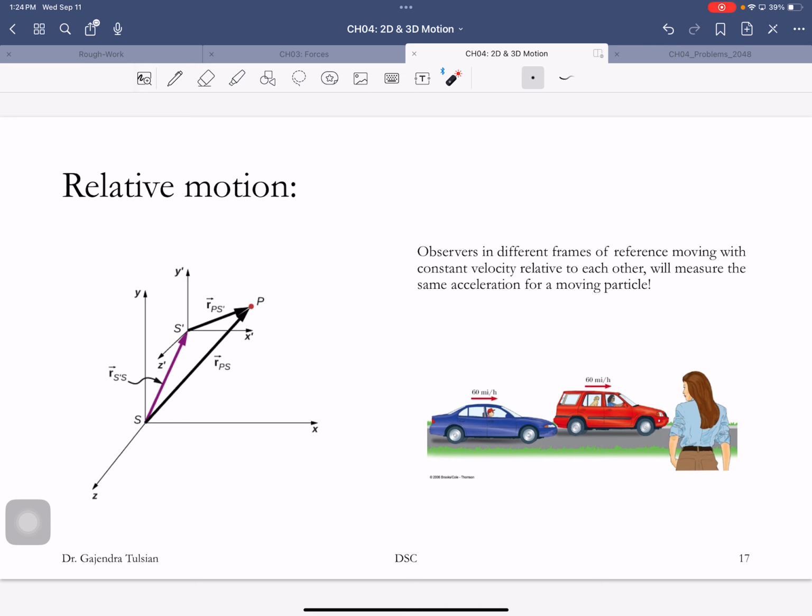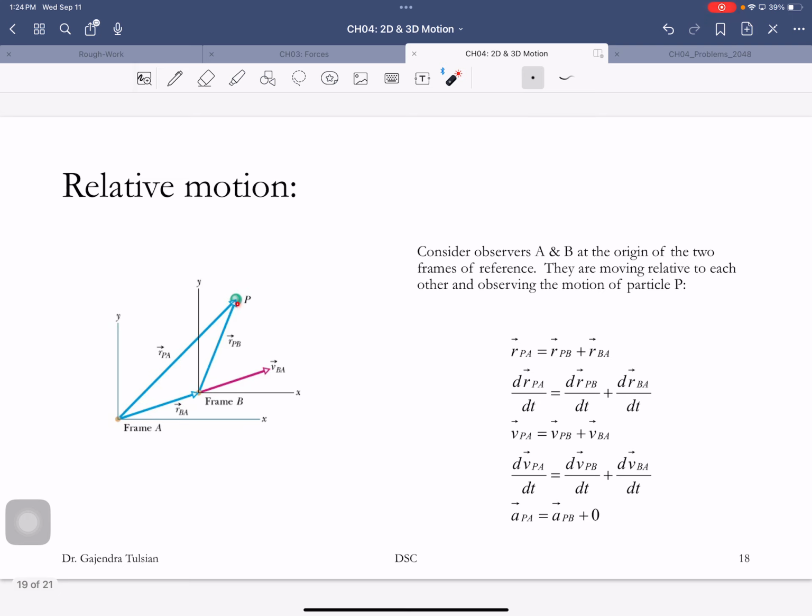Okay. And the location of this frame of reference is that vector. Okay. So we have, so again, there is the particle. Okay. So R_PA is equal to R_PB plus R_BA, frame B with reference to A.